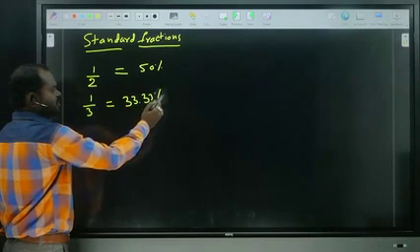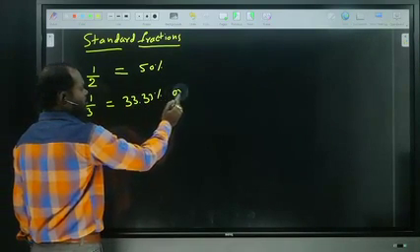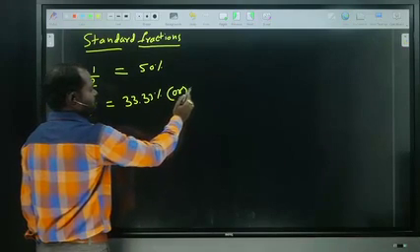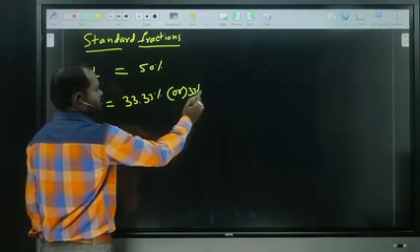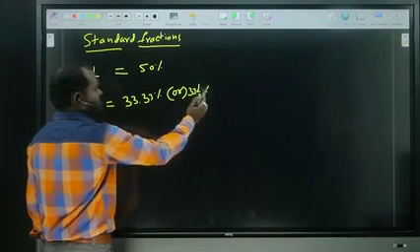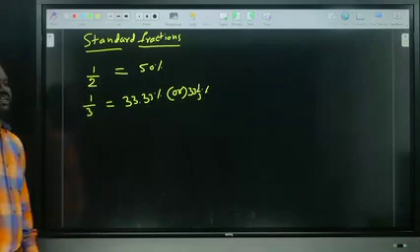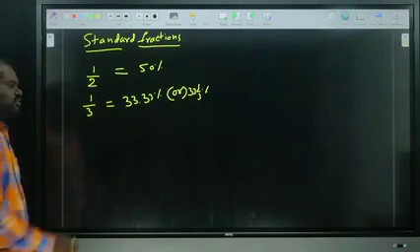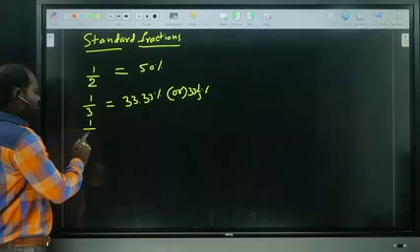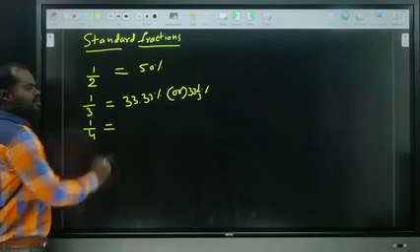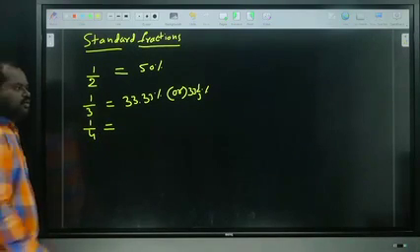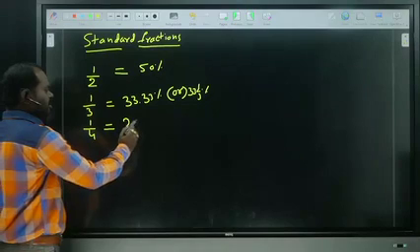Next, 1 by 3 into 100 is 33.33 percentage, or 33 1 by 3%. Next, 1 by 4 into 100 is 25 percentage.